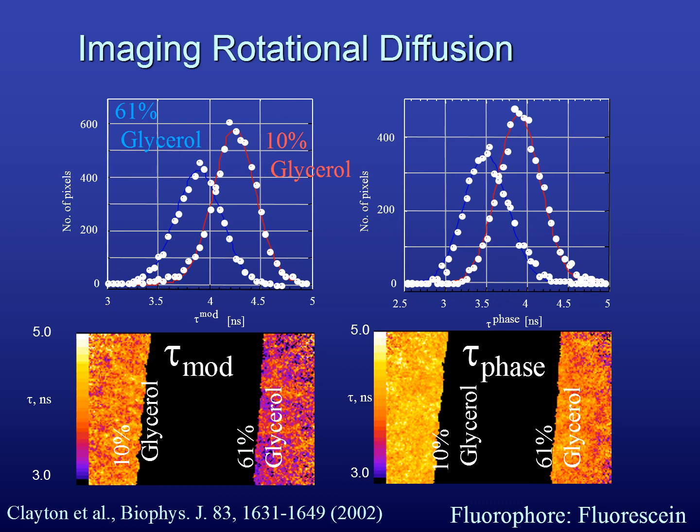The reason is that the glycerol concentration influences the rate of rotational diffusion, so how quickly the molecules actually turn. And that makes a difference in this particular case. You see that at 10% we have a different tau mod and tau phase than at 61% glycerol.